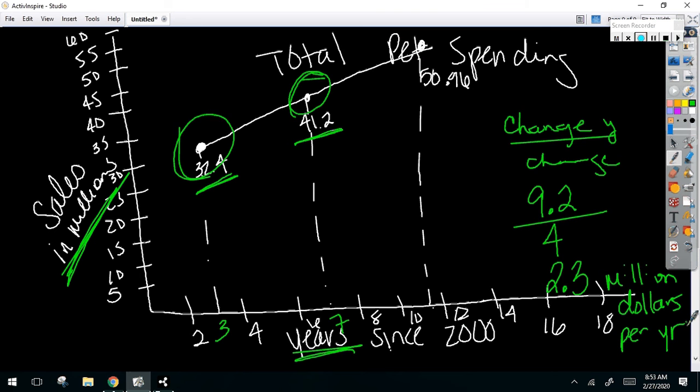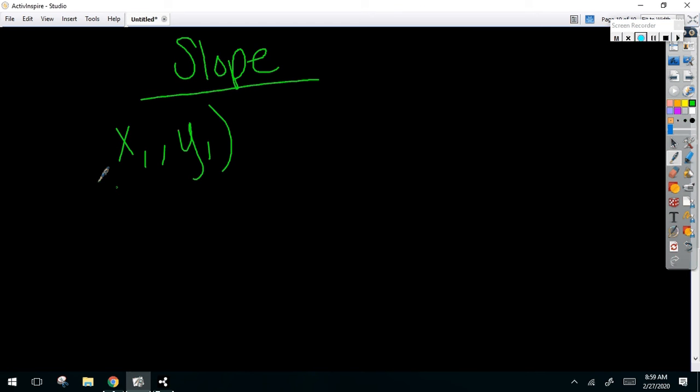All right, let's look at slope. Slope is the same thing as rate of change, but we're looking at x and y values instead of a word problem. To find slope, if I have 2 points, we'll say x1, y1, x2, y2.